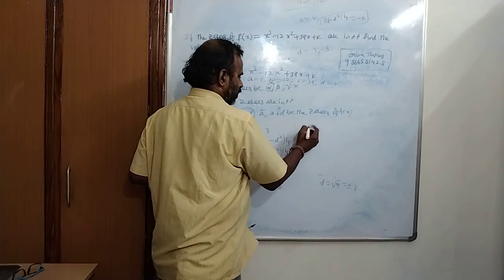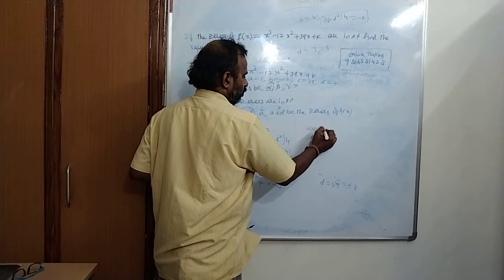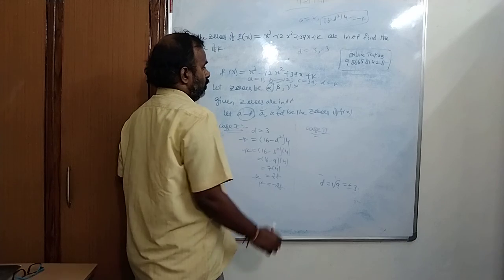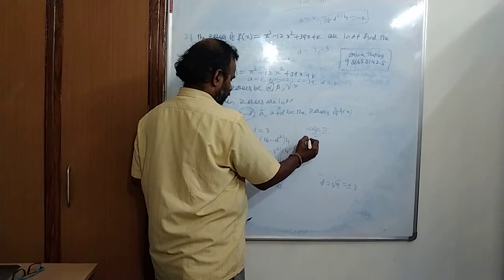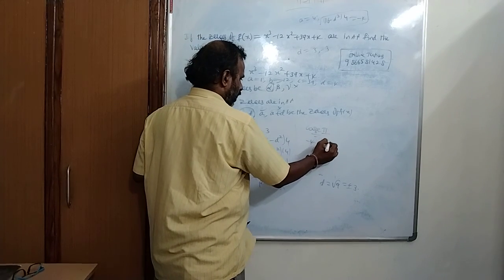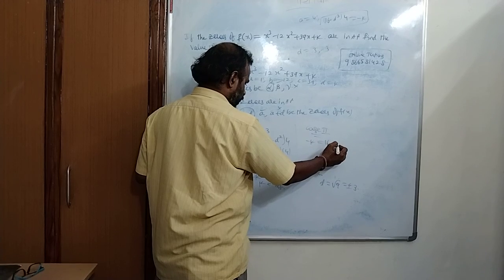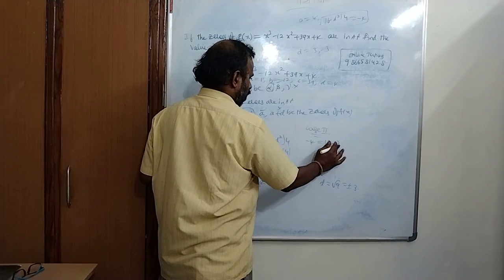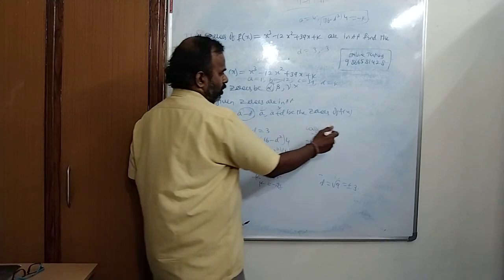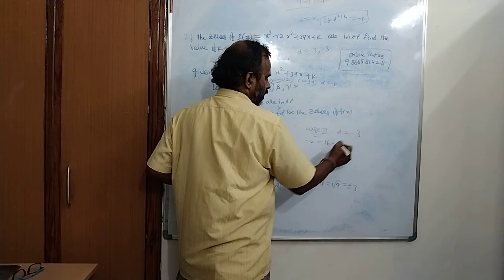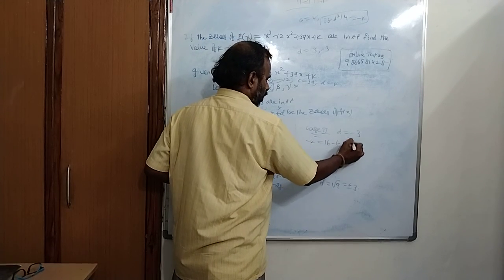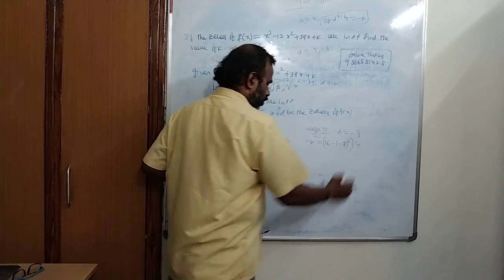Next, case 2. What is case 2 here? It is once again minus k is equal to 16 minus, here d we have to take as minus 3 whole square into 4.